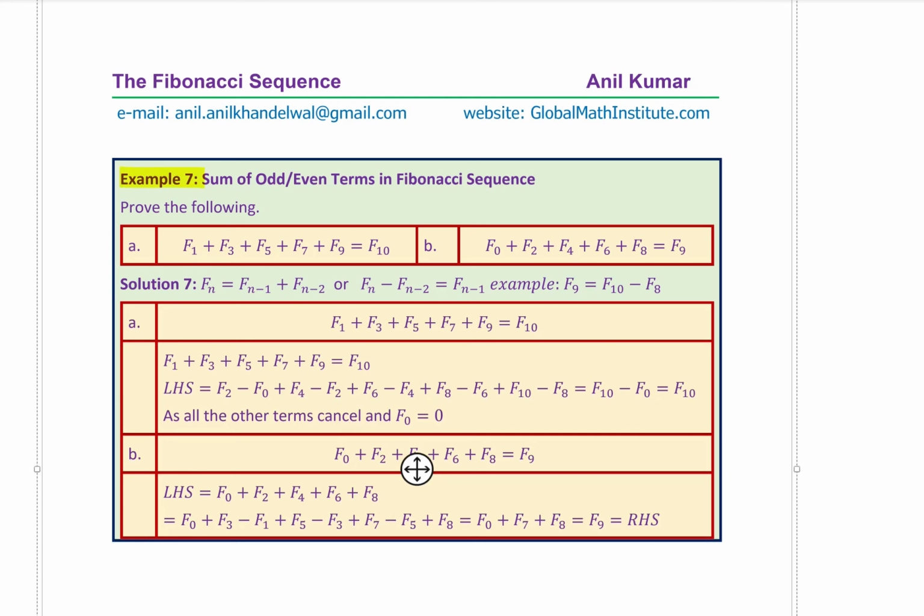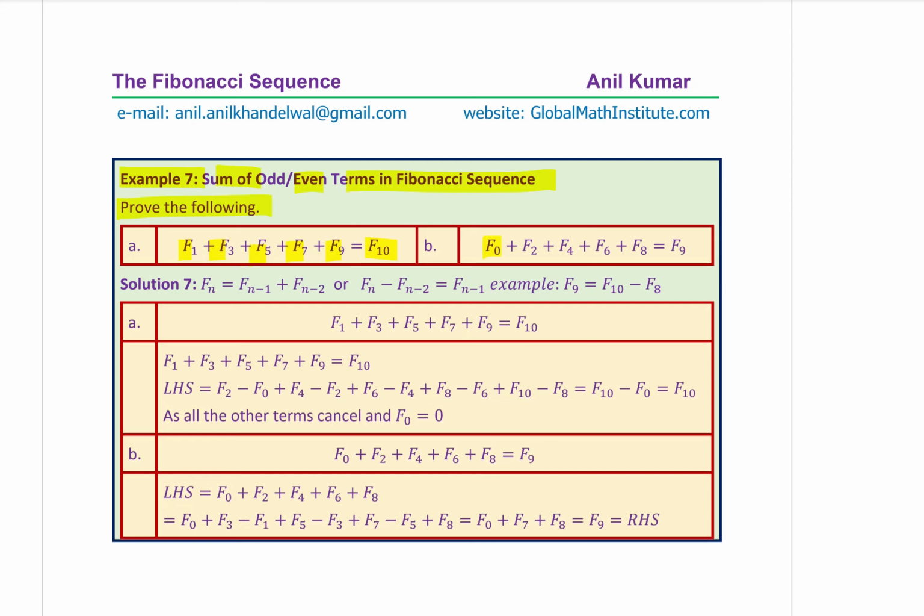Example 7. Sum of odd or even terms in the Fibonacci sequence. So many times in examinations, you will have questions based on this particular concept. So prove the following: f1 plus f3 plus f5 plus f7 plus f9 is what? That will be the question most of the time, and the answer is the even-indexed term f10. Okay, that is the first part.